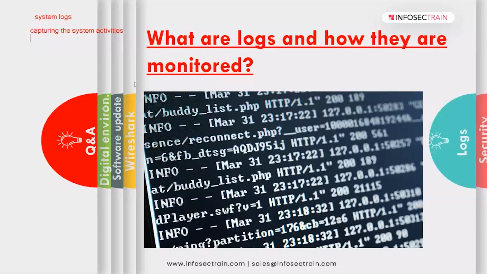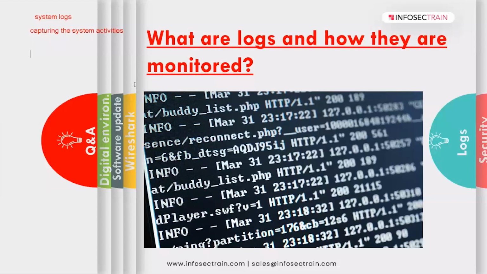Whenever a technical issue arises, our system logs become very invaluable in troubleshooting and diagnosing the underlying problems. From there, we can review the logs. The administrator can identify the patterns.